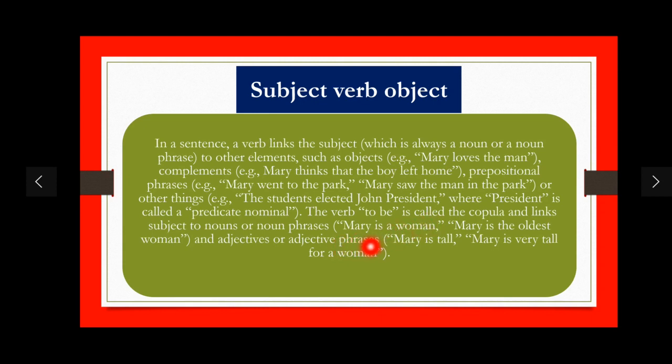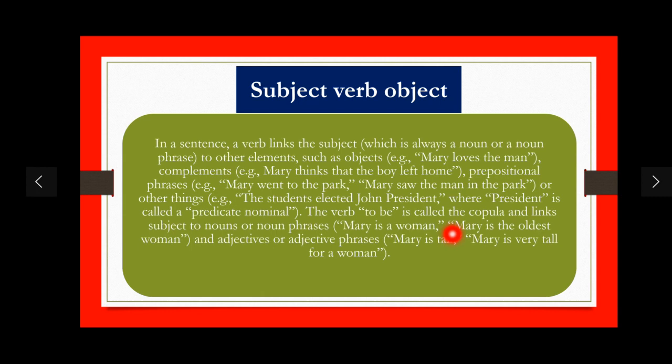So Mary is a woman and Mary is the oldest woman. So oldest woman would be the adjective or adjective phrase. And Mary is tall, so tall is again an adjective. And Mary is very tall, so again you can see very is an adverb which modifies the adjective tall for a woman.